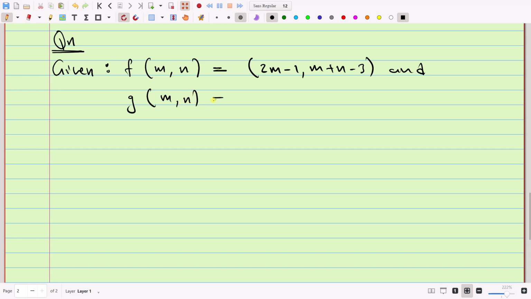And also given another function g, which takes m, n, and gives us 5m plus n, and 2m minus 1. Then they might say find the following results. So they might say find f o g and g o f.